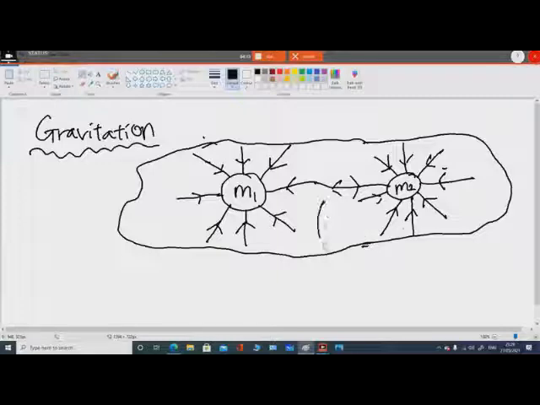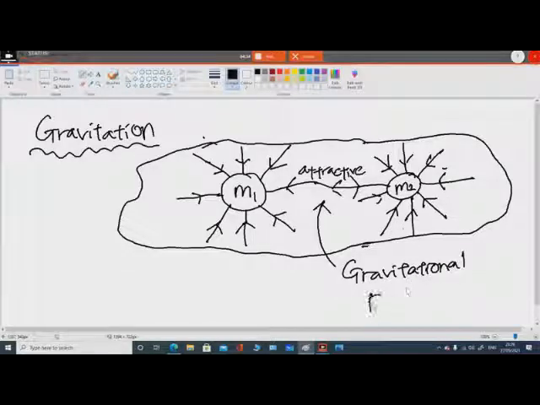This attraction towards each other is what we call gravitational force, which is denoted as F.